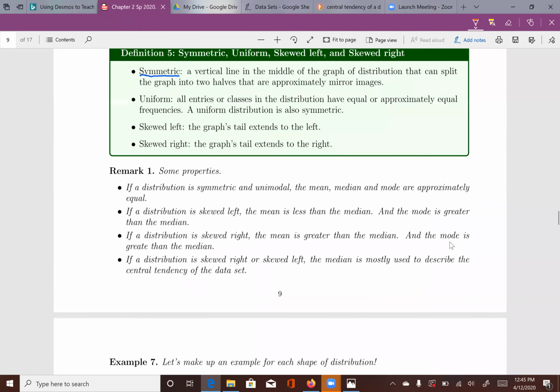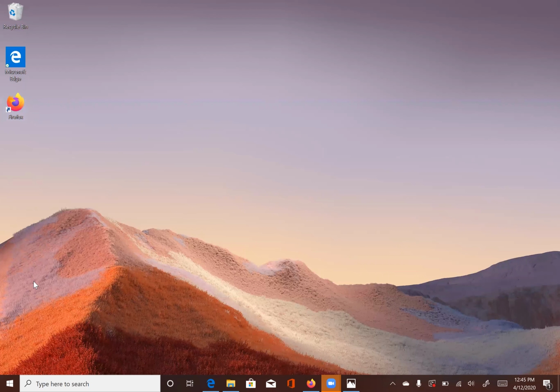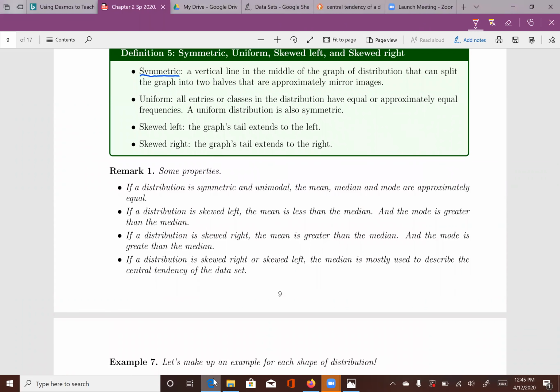The second shape of distributions is uniform. A uniform distribution is a distribution where all the entries or all the classes have equal or approximately equal frequencies.